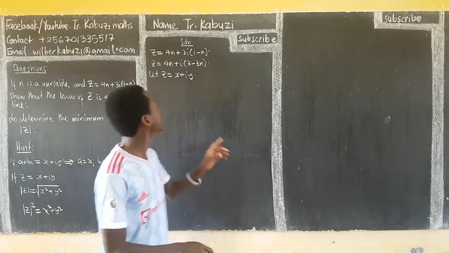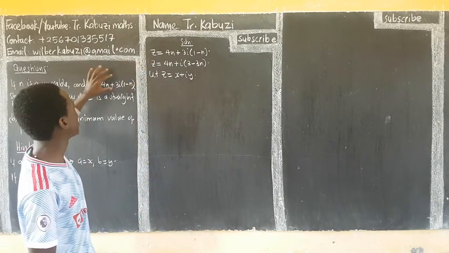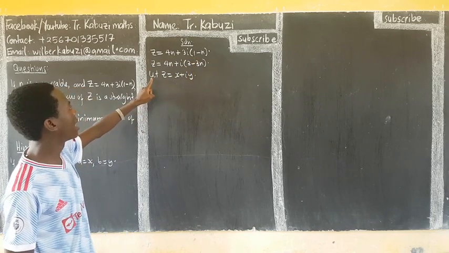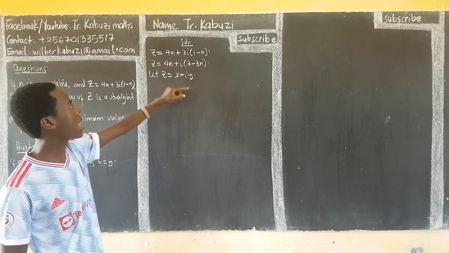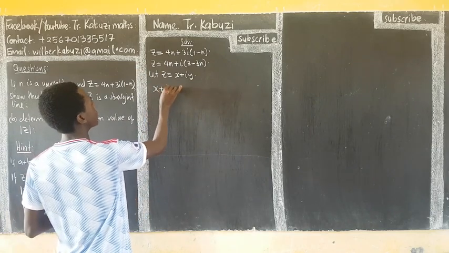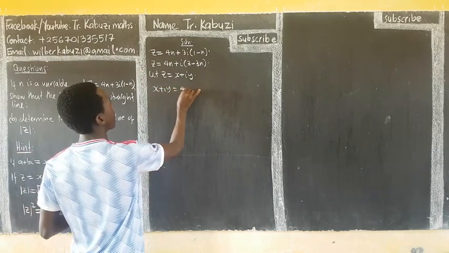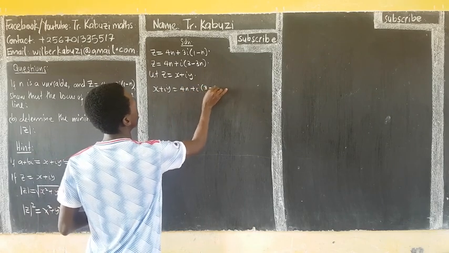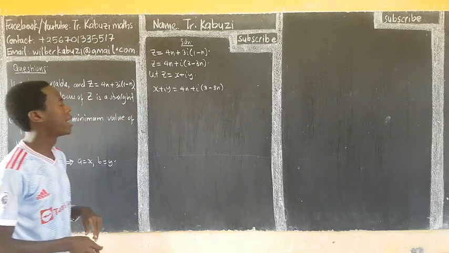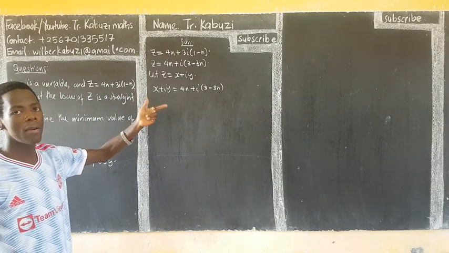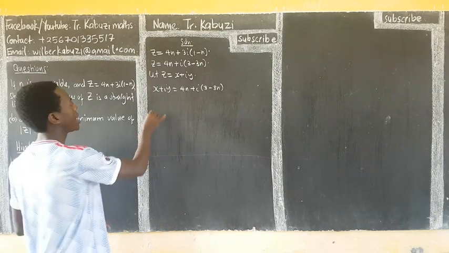These are the things we are going to use on this number. This is the complex number they are giving me. If I multiply through, this is what I get. So I let z be equal to x plus iy, and I put it there. Minus 3n. And if I have two equal complex numbers, their real parts are equal and imaginary parts are equal.